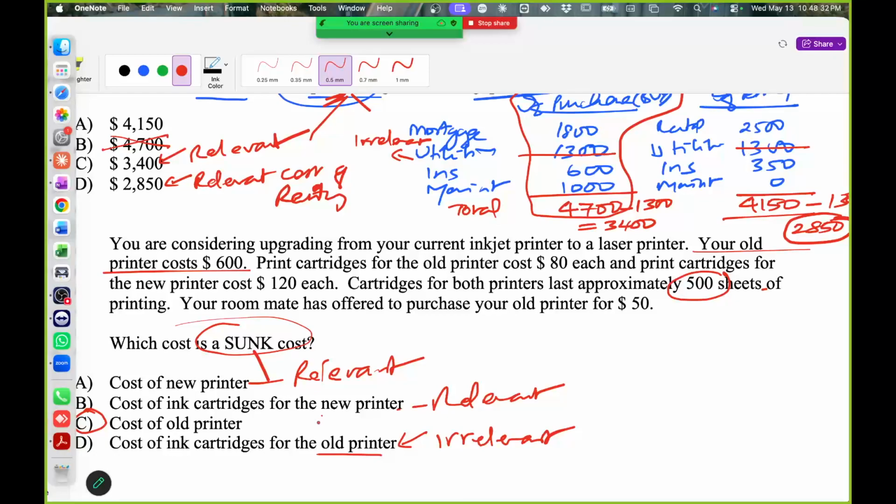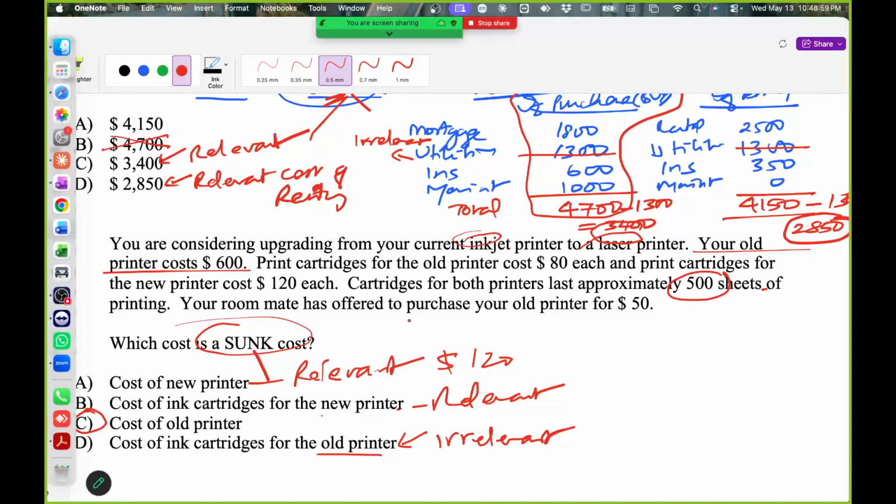Sunk is the old printer cost. Without cartridges, one is an inkjet printer, the other a modern laser printer, you need cartridges. But the problem is they both have the same capacity of printing 500 sheets. The new printer cartridge cost of 120 is relevant.